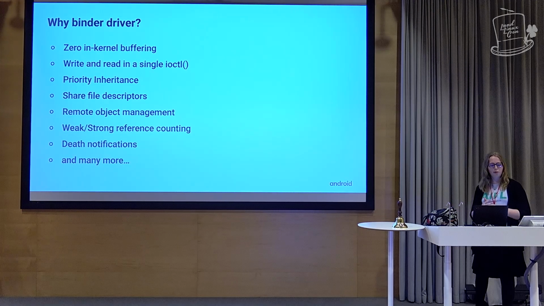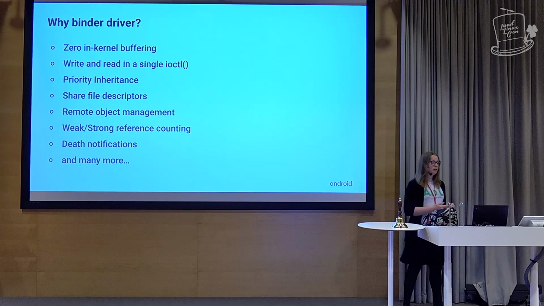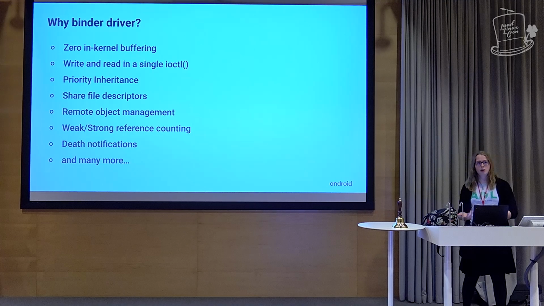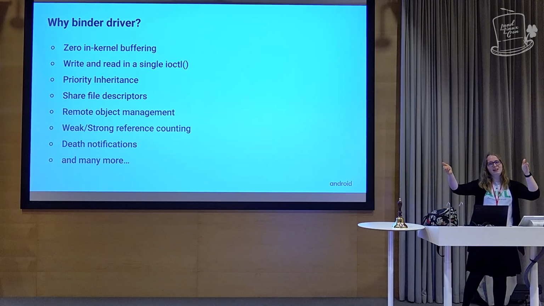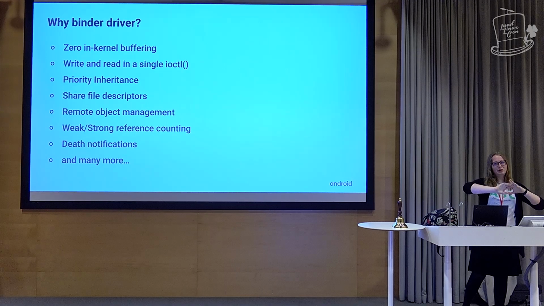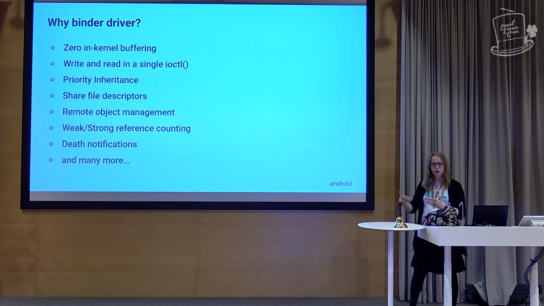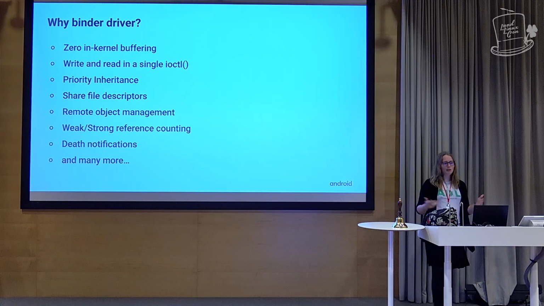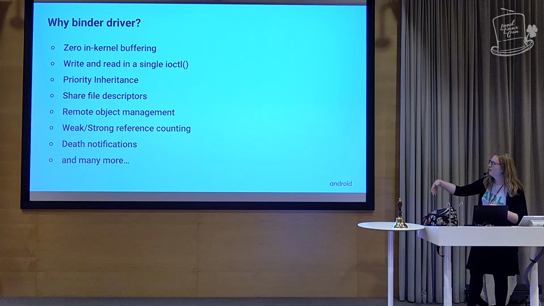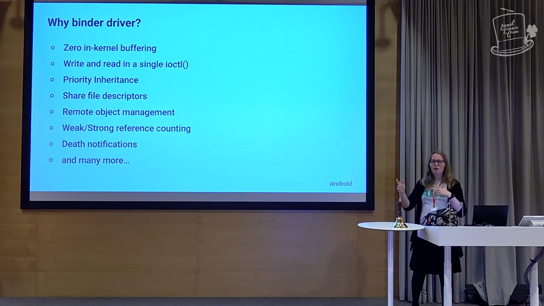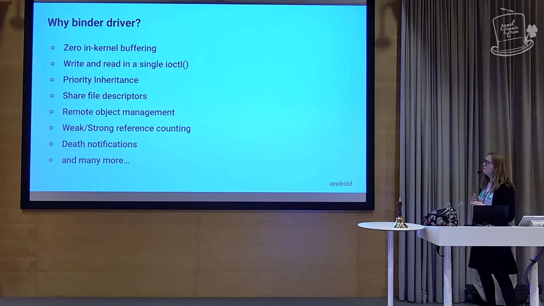So that's very nice for performance reasons. That's write and read in a single ioctl. It can even do priority inheritance because it knows that this thread of this service is handling a request from this high priority client. Because the kernel has knowledge of this client-server relationship, it can do this kind of priority inheritance. And lots of other stuff. File descriptors, reference counting of objects across processes. It's all very interesting. But yeah.